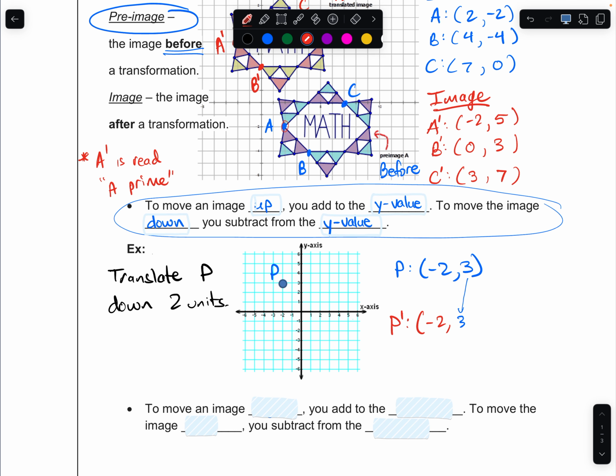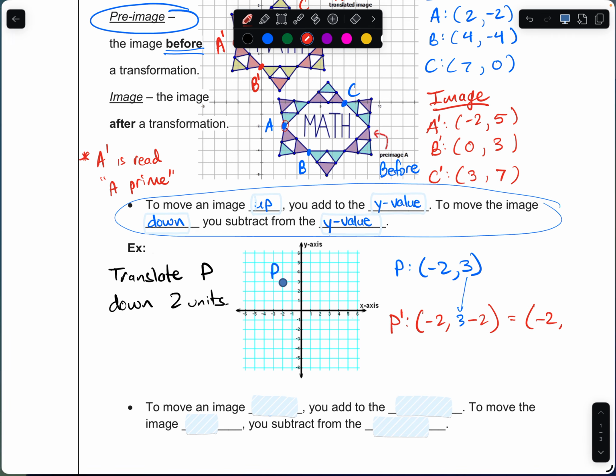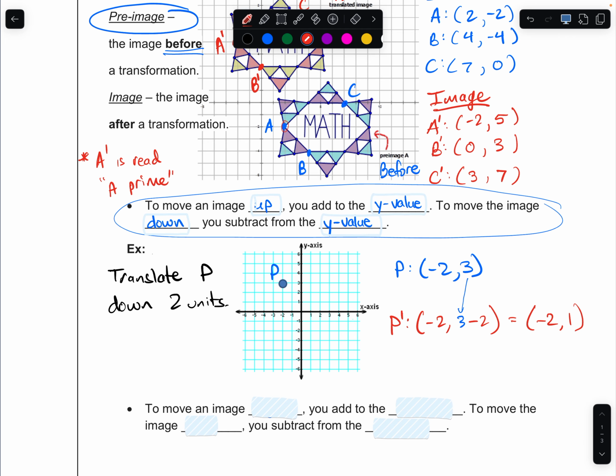But then we have to subtract 2 to move it down 2, right? So isn't that the point -2, 3 minus 2 is 1? Let's double check. Is that the coordinates of this point? P prime, -2, 1. Yep, it is. And sure enough, we moved P down 2 units to get to P prime.